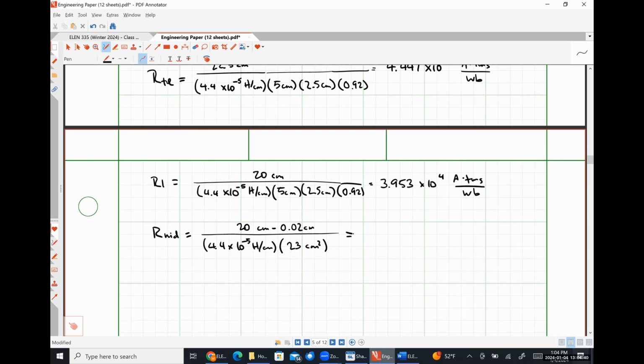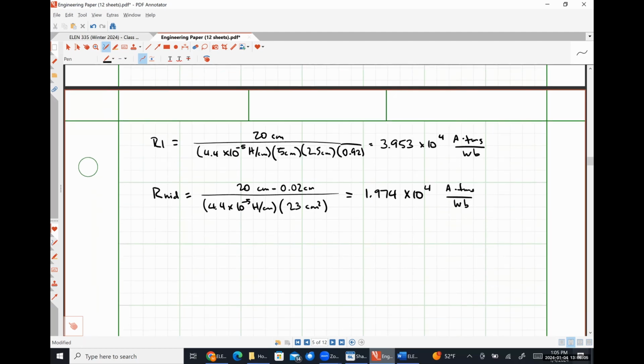So 20 minus 0.02 over 4.4 times 10 to the minus 5 times 23. 1.974 times 10 to the 4 amp turns per Weber.